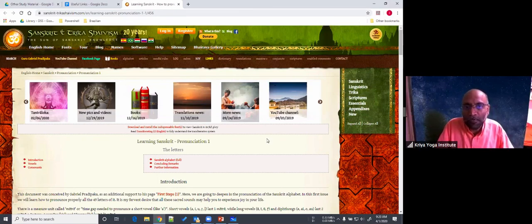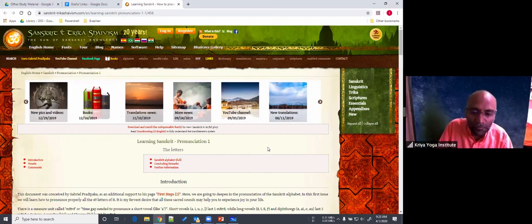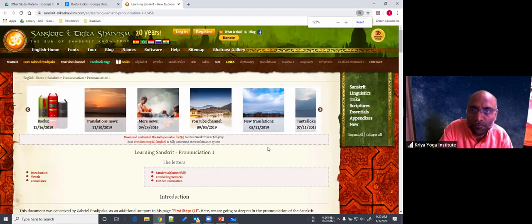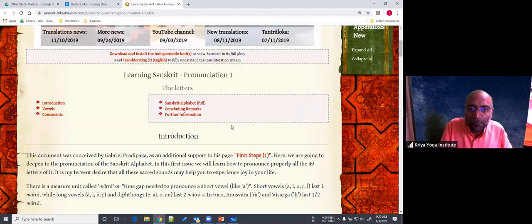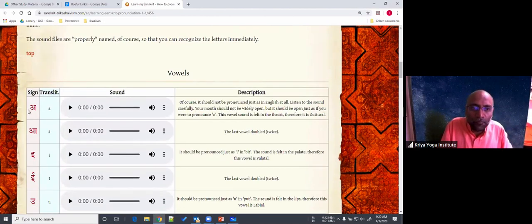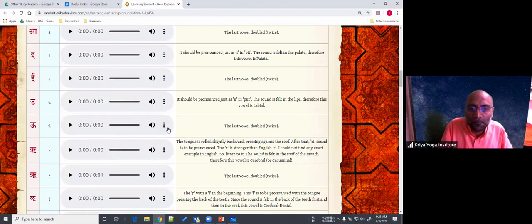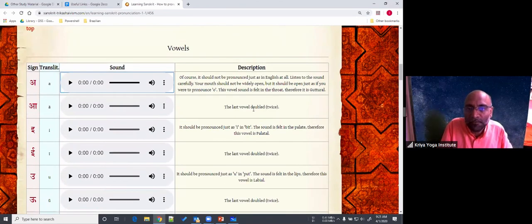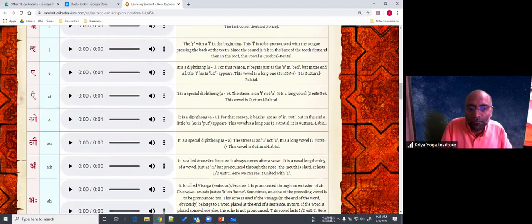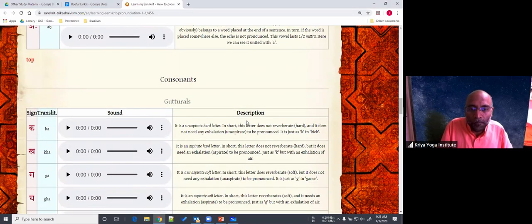I have been using this site for our course material also, and you can take a look at it too. So if you go here, it shows how the letter looks in Devanagari, how it is in transliteration, and then you can play the sound. You can play around with that, and he also gives a description of how the sound is pronounced. So it's a pretty useful thing for those who want to learn how to pronounce the individual sounds.